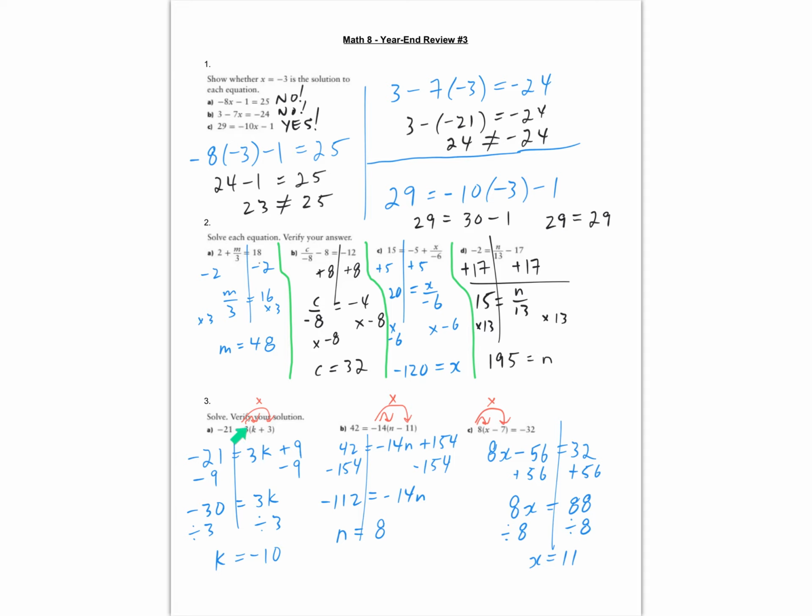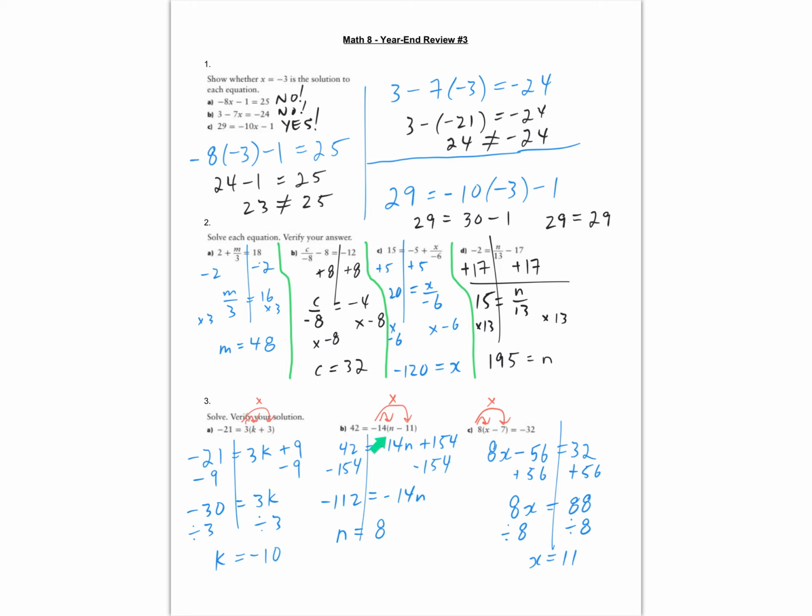And now 3 times positive 3. Okay, it says plus 3, but we're going to call it positive because over here you're going to see why I'm doing that. So this gives us 3k plus 3 times 3 is positive 9, so I write plus 9. And then I just solve it, subtract 9 from both sides, divide both sides by 3, and k equals negative 10.